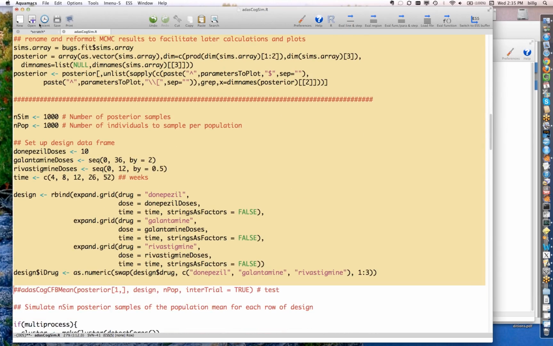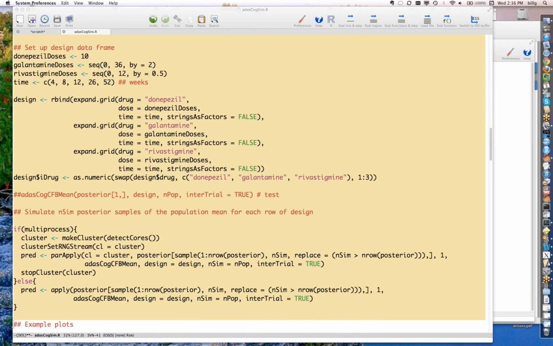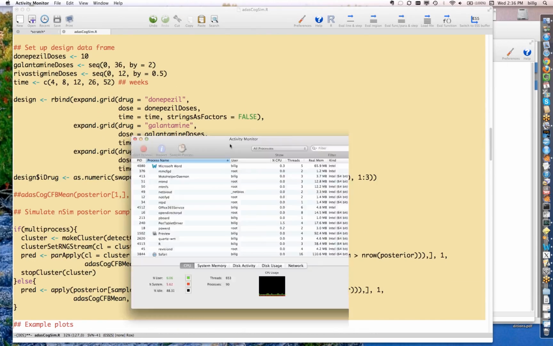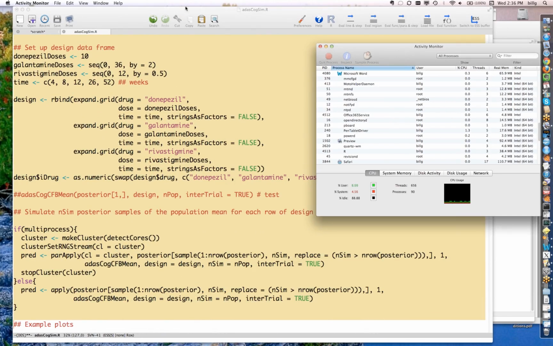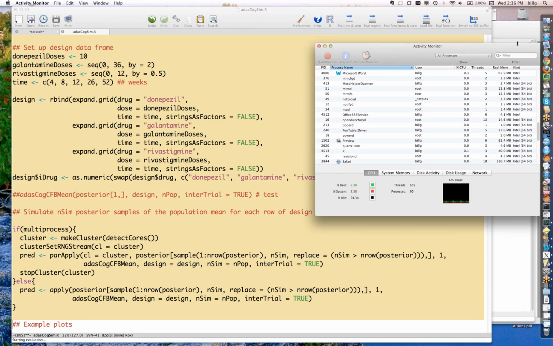With 8 cores, it doesn't take too long here. In fact, I can never resist looking at the thing to see them actually all working. And let's go, boom. Okay, come on, it should kick in pretty soon.